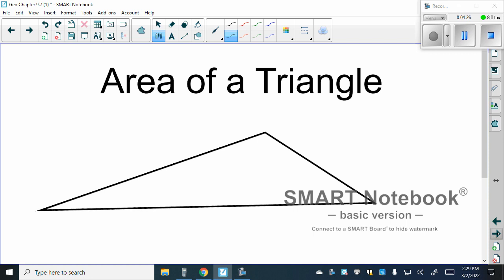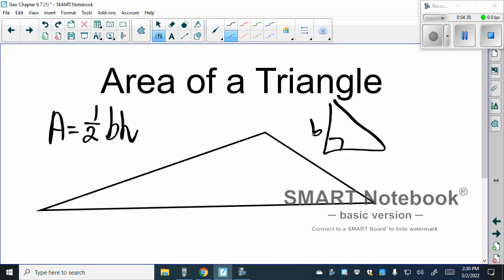Now the area formula for a triangle, area is equal to what? 1/2 the base times the height. Which for a right triangle, the base and height are the two legs.